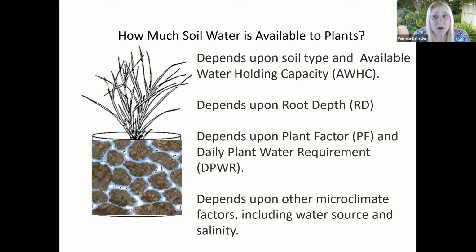So how much water is available to plants? Well, in the soil, that really depends on a bunch of things. First of all, what kind of soil is it? Because the water holding capacity of a particular soil type is different. How deep are the roots of the plant?